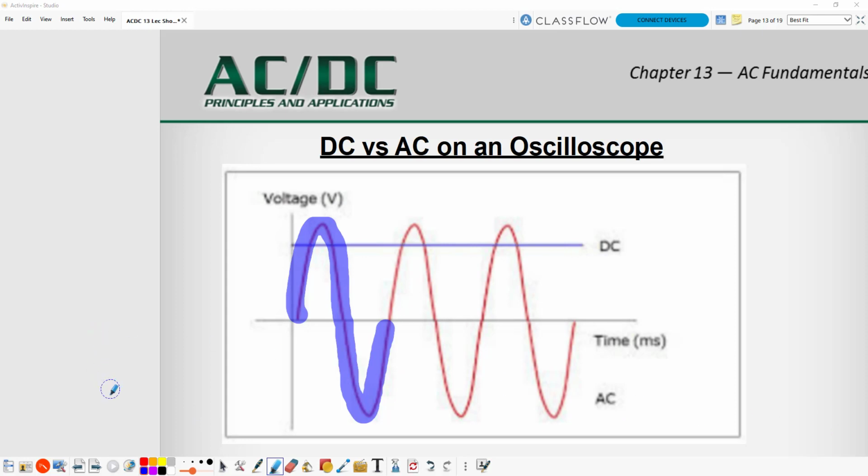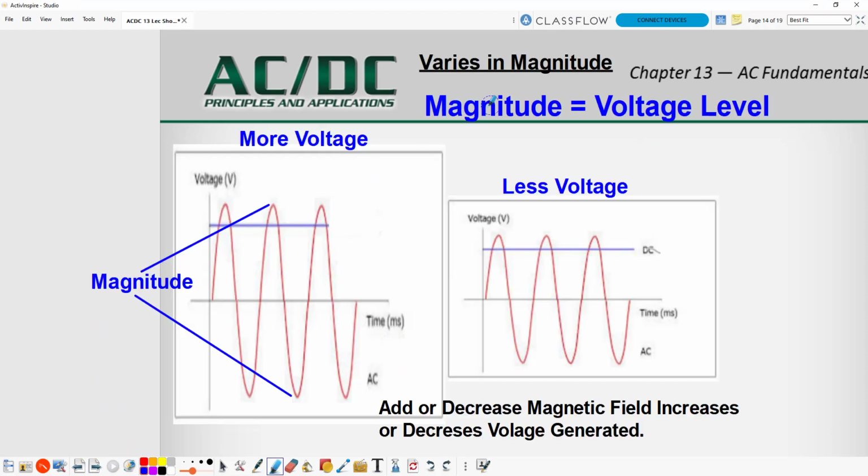Now in our definition of an AC voltage, we said it's one that continuously varies in magnitude. Well, let's talk about that magnitude a little bit. Basically, magnitude determines and displays your voltage level, and the magnitude is from the top of your max positive to the bottom of your max negative.